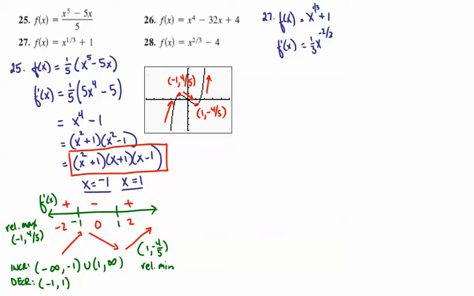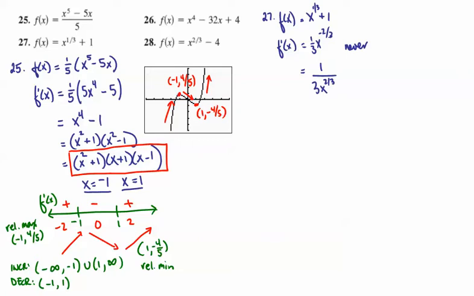Now this is never 0, because let's write it this way. We would get 1 over 3 times x to the 2/3.